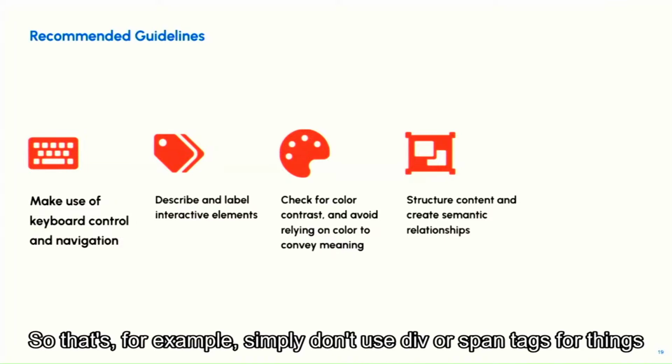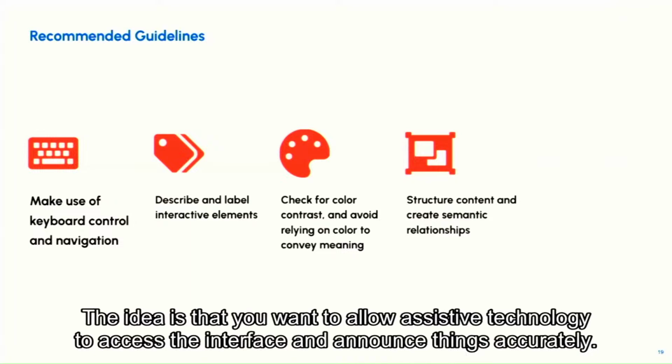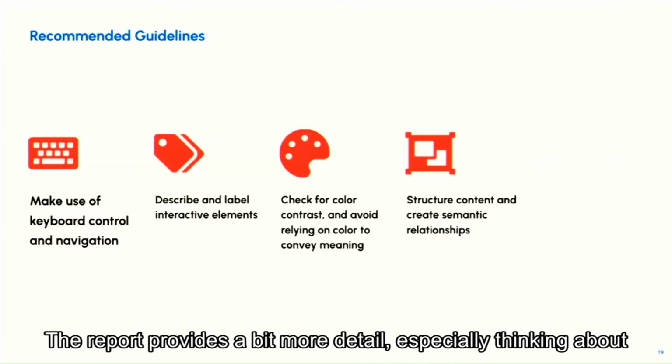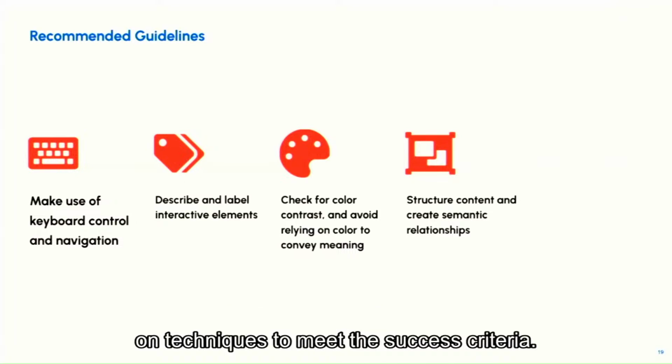For example, simply don't use div or span tags for things that have a role, like a button. The idea is that you want to allow assistive technology to access the interface and announce things accurately. The report provides a bit more detail, especially thinking about this for desktop applications, and WCAG also provides more resources on techniques to meet this success criteria.